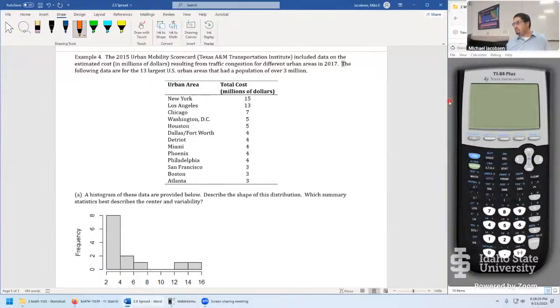It tells us next, the following data are for the 13 largest urban areas that have population over 3 million. So 13 largest, well, it means the sample size is 13. It also tells us something really important about these data. If this is the 13 largest, this is not a random sample.